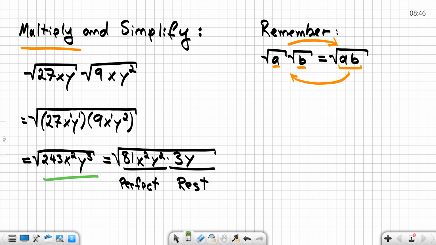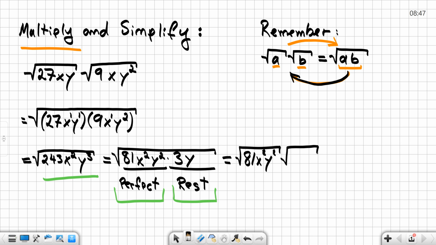We are now going to use this property right here backwards, so that I can take this and split it back up again into the square root of 81 times x squared times y squared, multiplied by the square root of 3y. And now, because the first factor, the square root of 81x squared y squared, is a perfect square, let's write it like this so that you see.